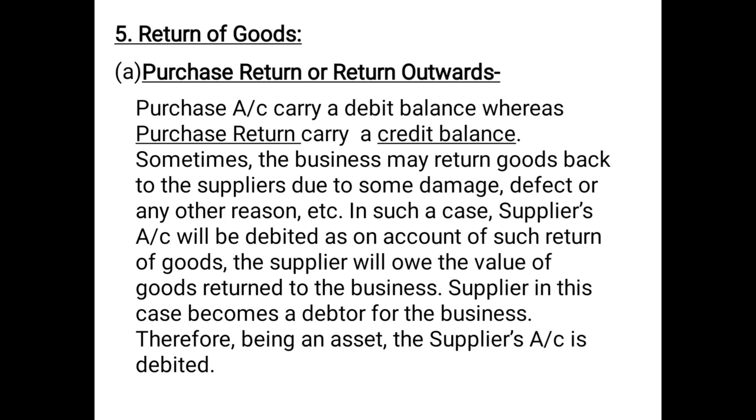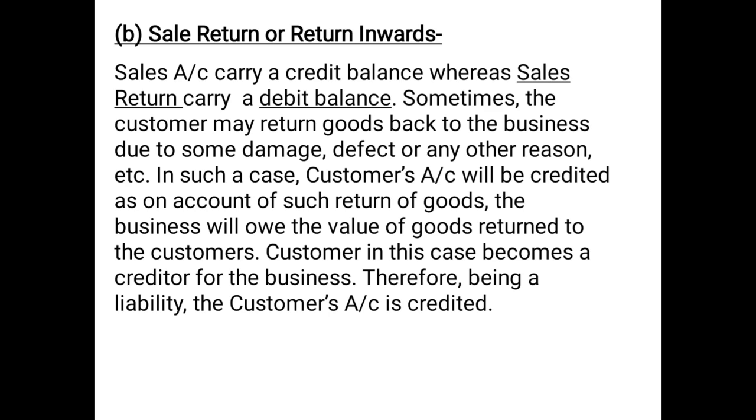So what will be the entry framed in case of purchase return or return outwards? Debtor, basically here the supplier will be the debtor. Supplier's account debited if it is an institution. If it is a human being, then supplier debited to purchase return account or return outward account. Moving ahead, sales return or return inwards.